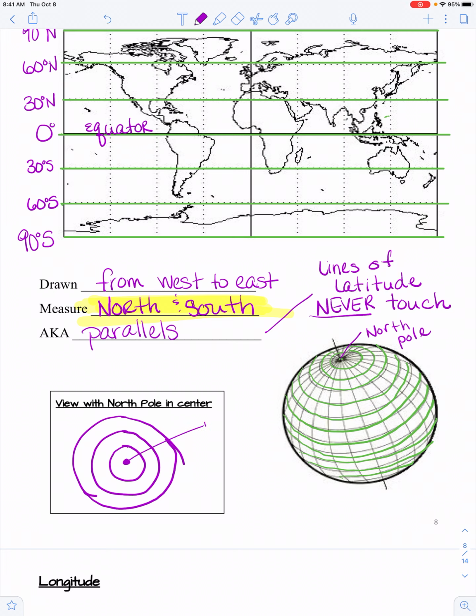This is our North Pole. And this outer circle would be my equator. It would be the equator because that's the widest part of Earth.